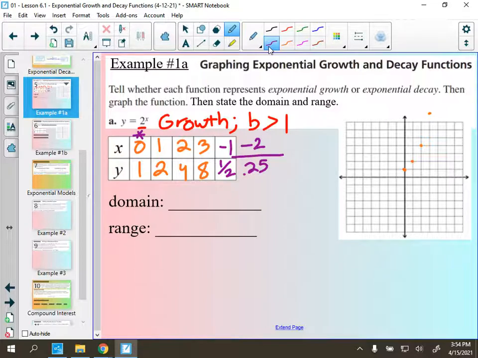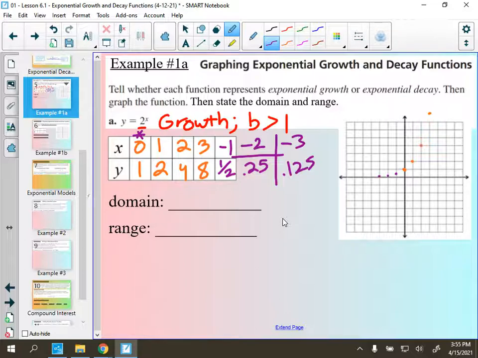At that point the difference is almost indiscernible between 0.25 and if I plugged in a 3, 1 over 8, which is 0.125 as a decimal. These numbers start to get hard to plot, right? So if I go -1, -1/2, I think I can eyeball that in the middle. But now -2, 0.25, we're getting down here. -3, how much further do I have to go?